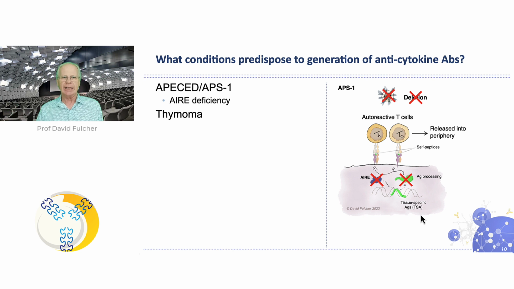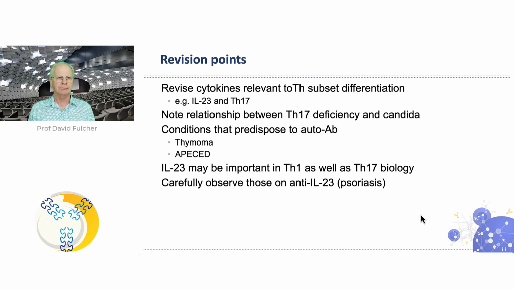So without AIRE, you don't get that deletion. You get the release of potentially autoreactive T cells, and in this particular circumstance, anti-cytokine antibodies can be generated, as can antibodies to other endocrine organs like the parathyroid and the adrenal and so forth. Okay, so that's all I want to say about this particular paper.